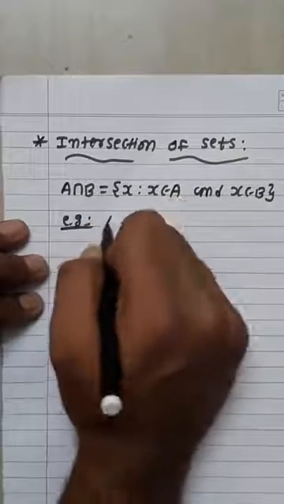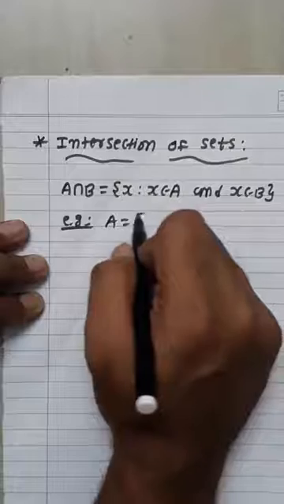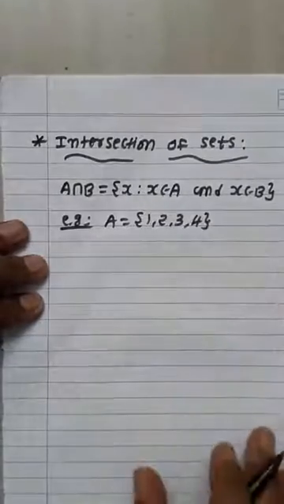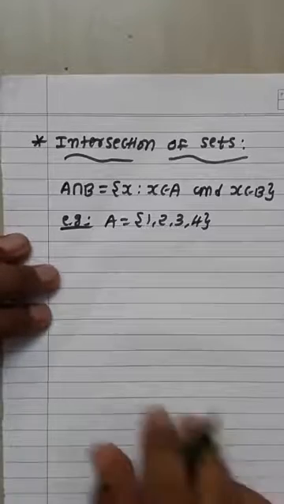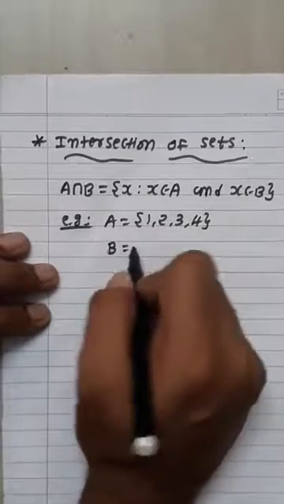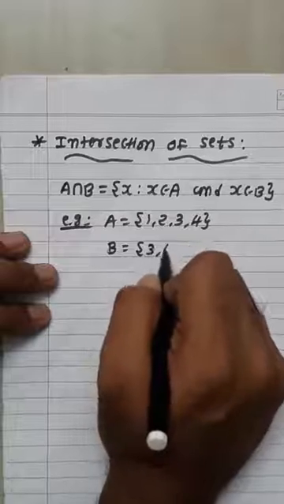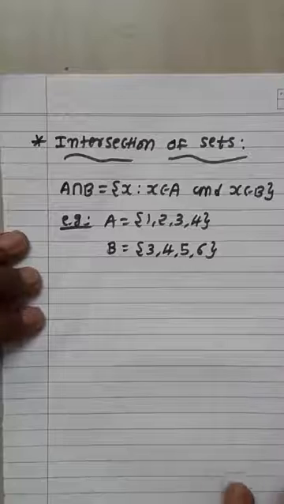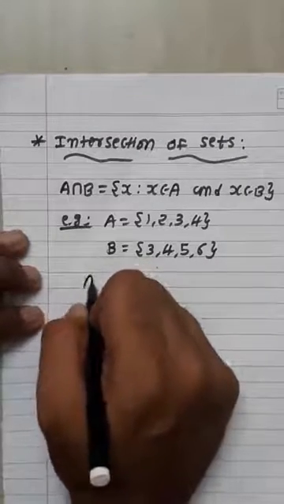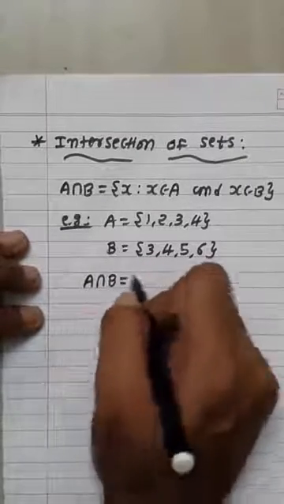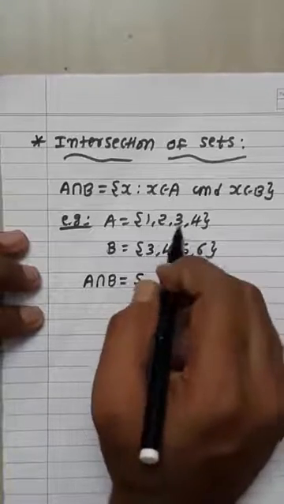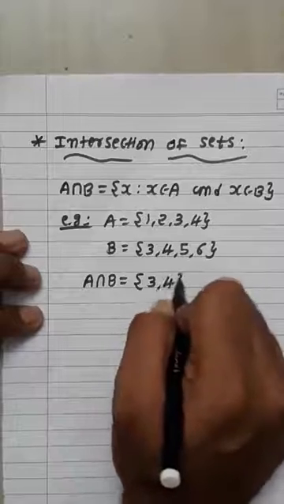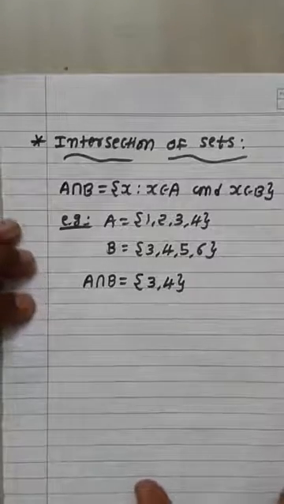Suppose A is equal to set of 1, 2, 3, 4, and B is equal to set of 3, 4, 5, 6. Now find A intersection B. So A intersection B, that means common elements in both the sets, say 3 and 4. So here we can write set of 3, 4.